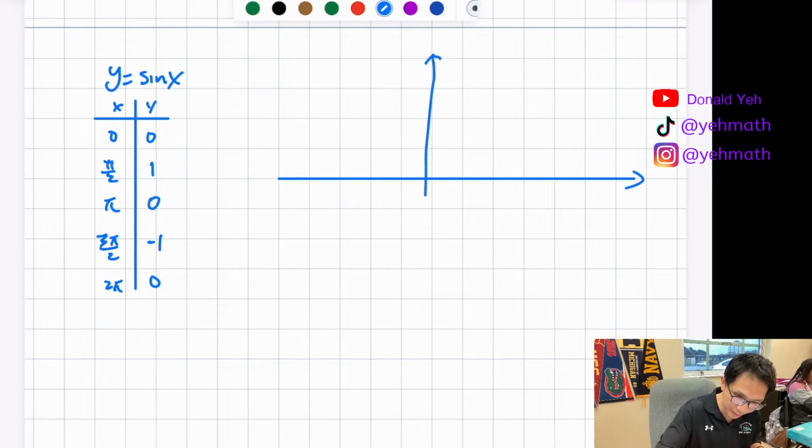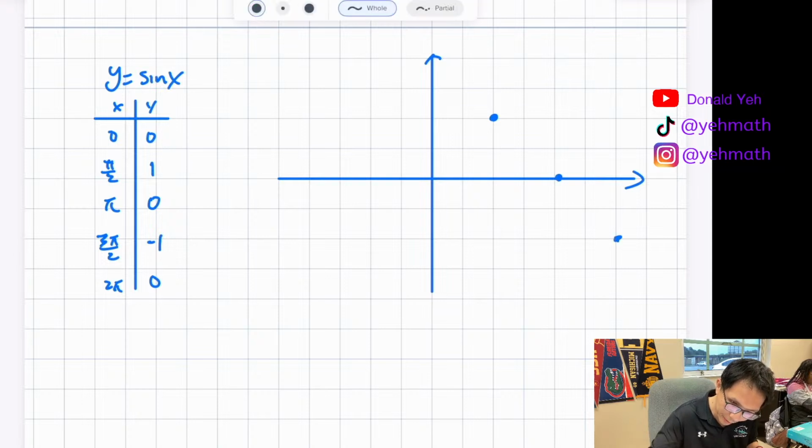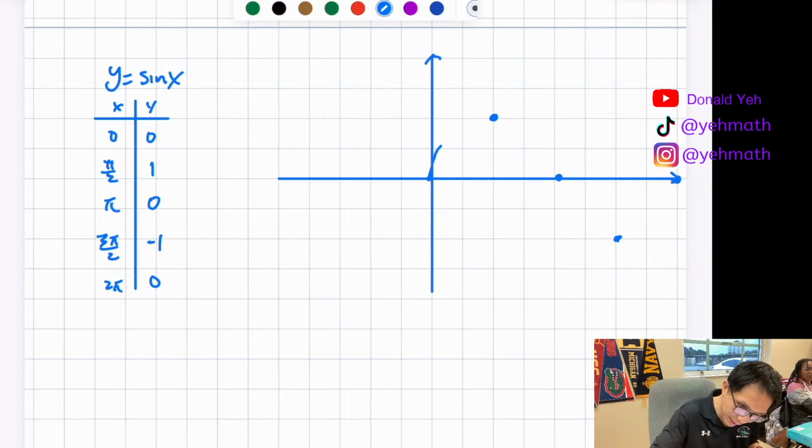So then your graph should have been this. I'm gonna make it bigger. You should have this. The graph is not a straight line.